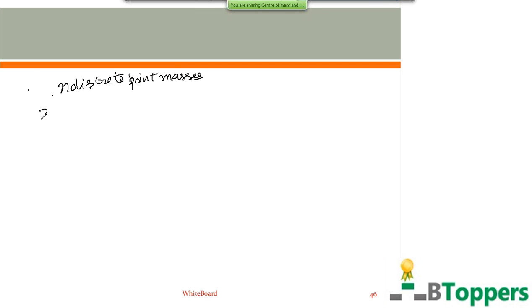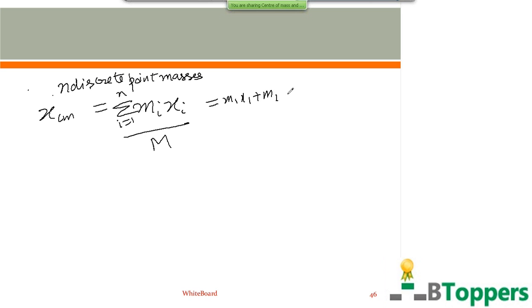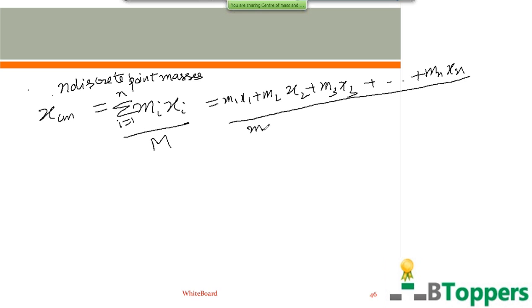The x coordinate of the center of mass of the system of n discrete point masses, we write as sigma m_i x_i, where i varies from 1 to n, divided by capital M. Or we write it as m1 x1 plus m2 x2 plus m3 x3 etc. up to mn xn, divided by capital M, which represents the sum of the masses of all the n particles of the system.